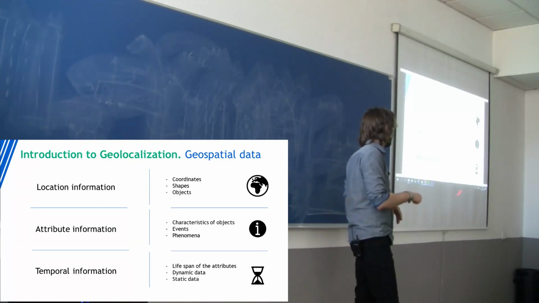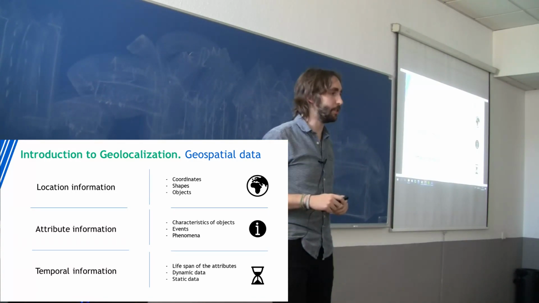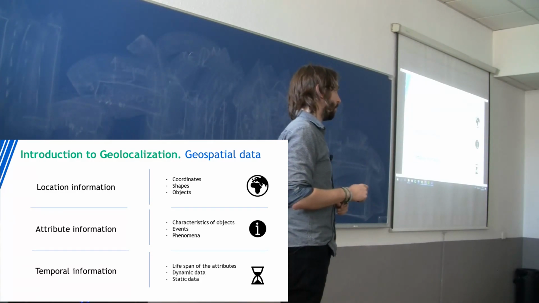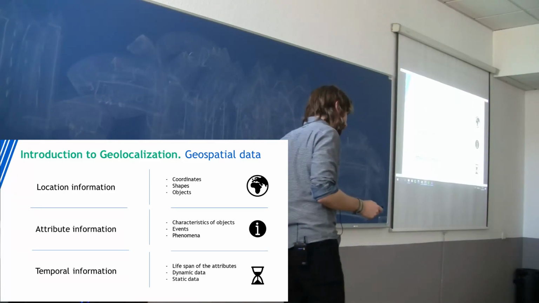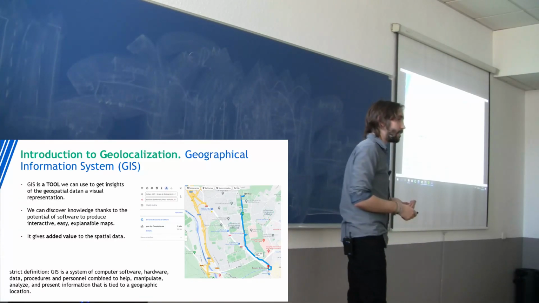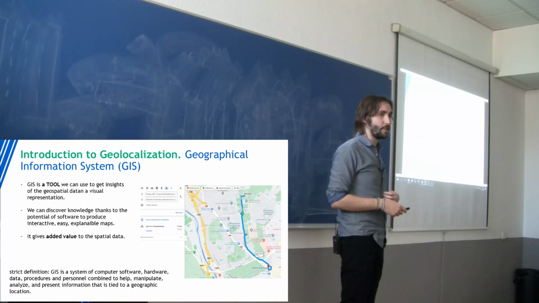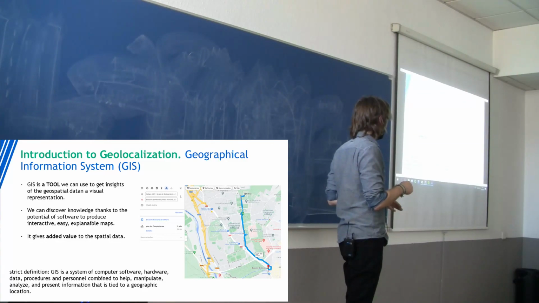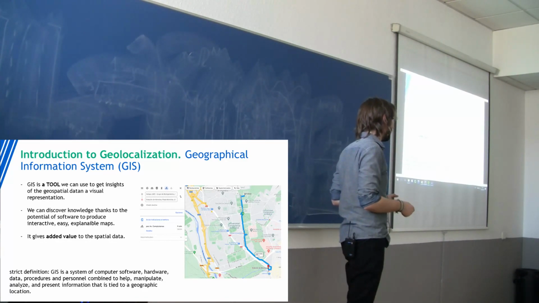Okay, so these are the three attributes that we are going to consider in geographical information. And what can we do with it? Well, these days, since the disruption of software, we have something called a Geographical Information System, GIS, which is a tool, and that's an important word, just a tool to get insights from geographical data.